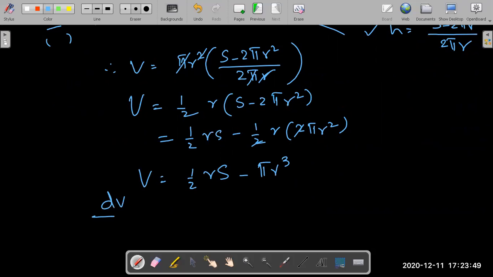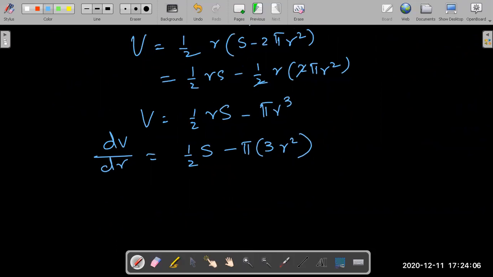Now we do dV by dr. This is nothing but half S, because S is fixed and r is what we are using as a variable, minus pi into 3 r square. So half S minus 3 pi r square.